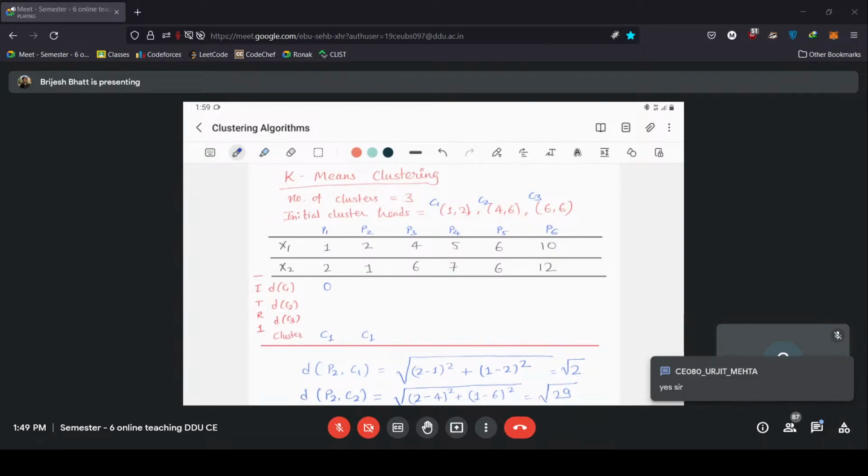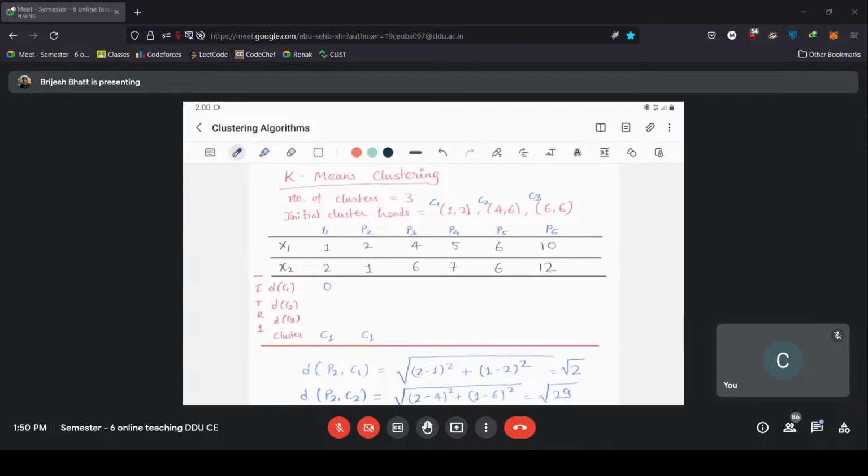Okay. P4 is (5, 7), and as we can see, the distance is square root of 2 from both.